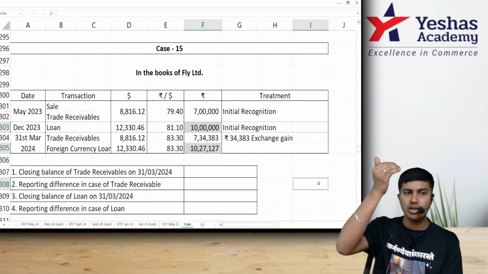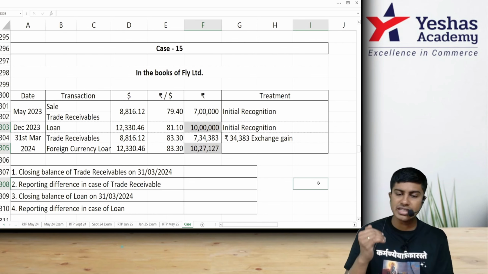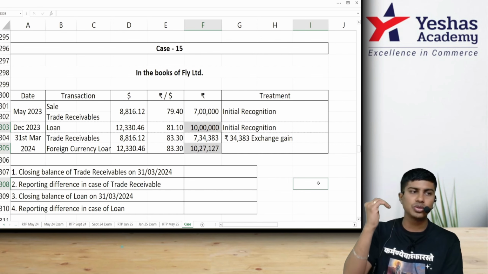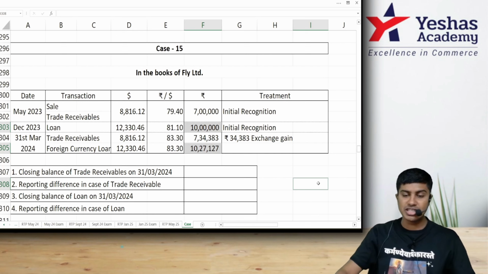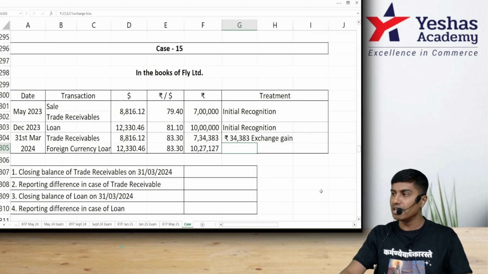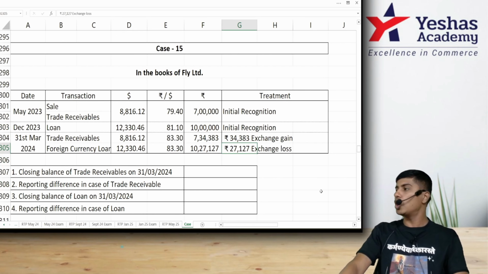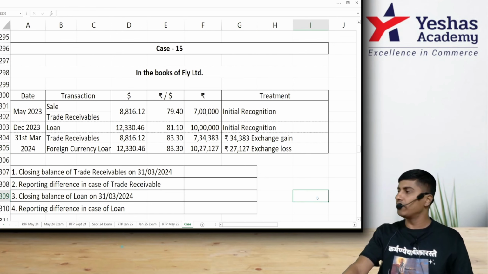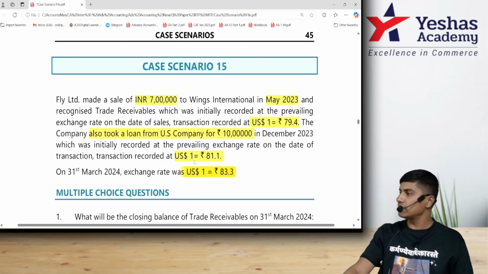Am I increasing or decreasing the value? Increasing the value of the liability. Such an increase by 27,127 is exchange loss. So exchange gain 34,383, exchange loss 27,127. We're done with the entire case scenario.